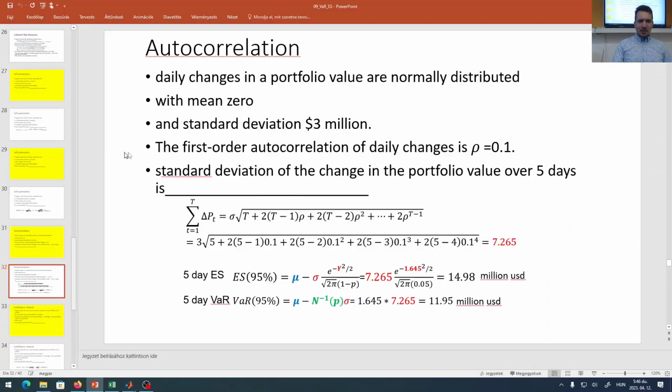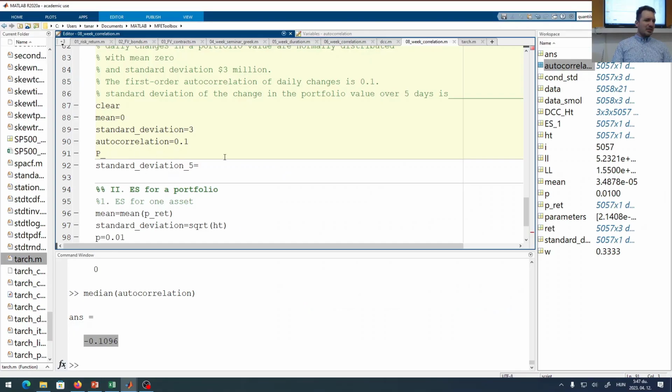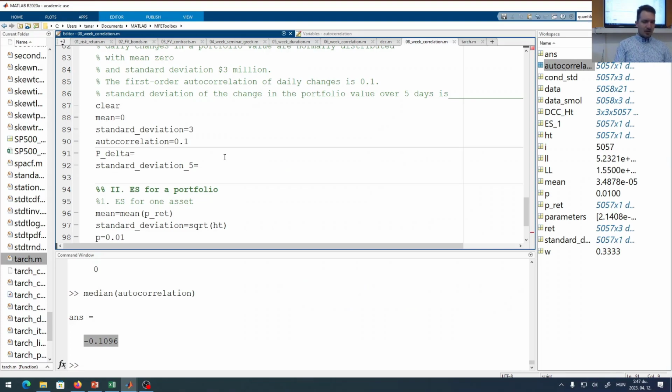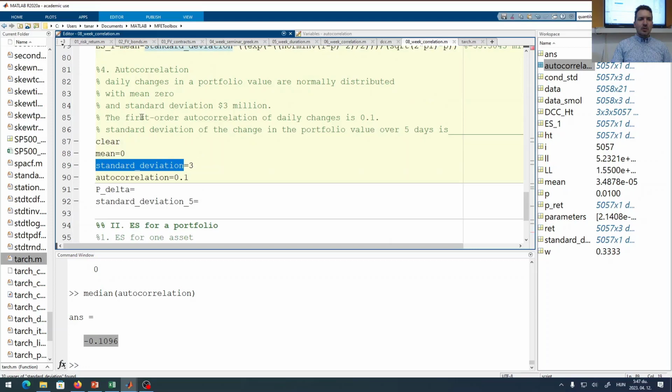And practically the delta p is supposed to be a return, but okay, so delta p equals the standard deviation. The standard deviation is, I think, on the whole data set or on the whole sample.